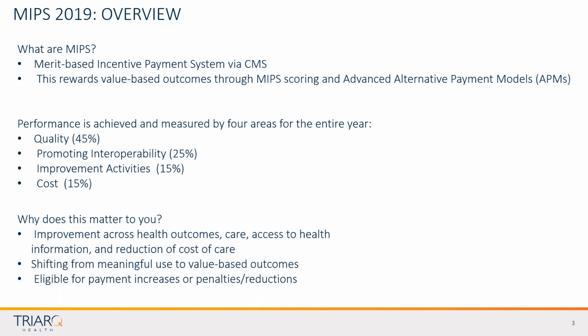It's also kind of shifting from meaningful use to value-based outcomes. And for my providers out there, we're really going to be focusing on our payment increases. That's the goal. And also trying to avoid some penalties or reductions with our MIPS 2019 scores.